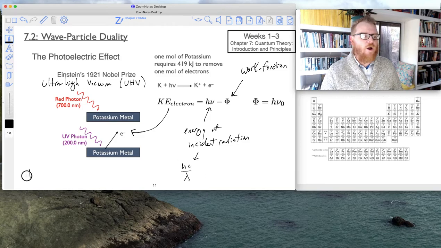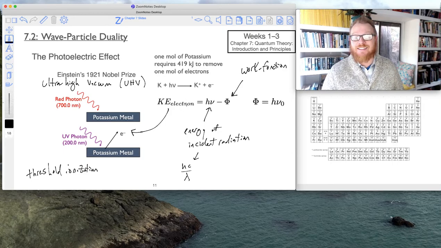So for what we call threshold ionization, that is when the kinetic energy is exactly 0, okay?